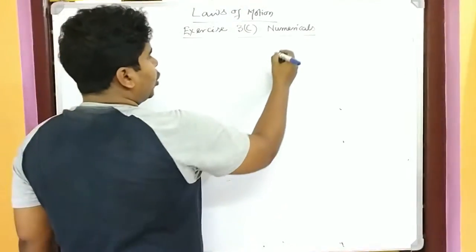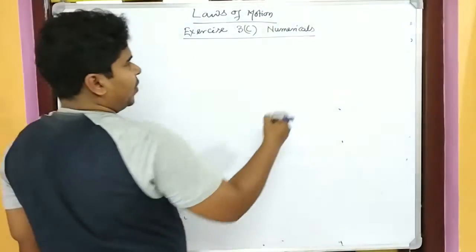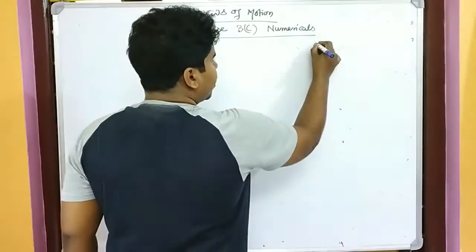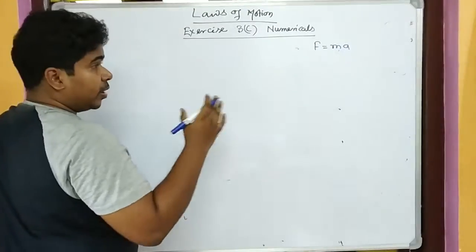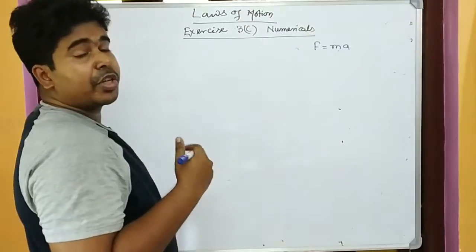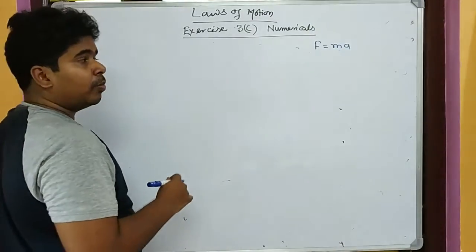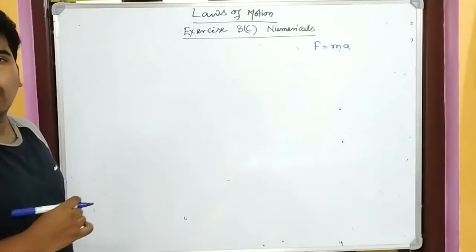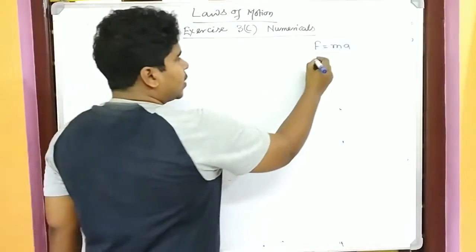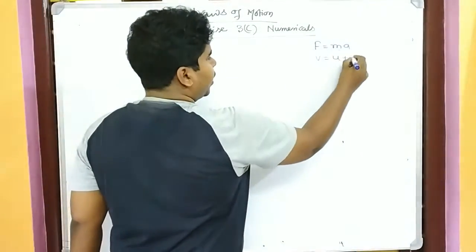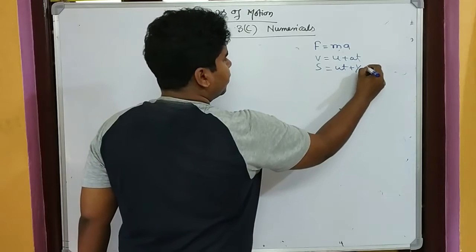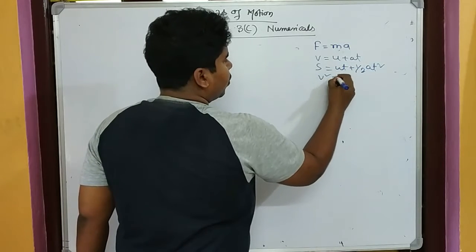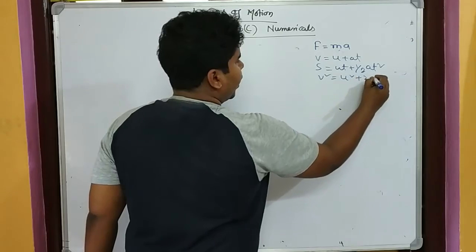The equation we're going to use here is a new equation we have learned: force equals mass into acceleration, the measurement of force which has come from Newton's second law of motion. Apart from this, v = u + at, s = ut + half at square, and v square = u square + 2as.